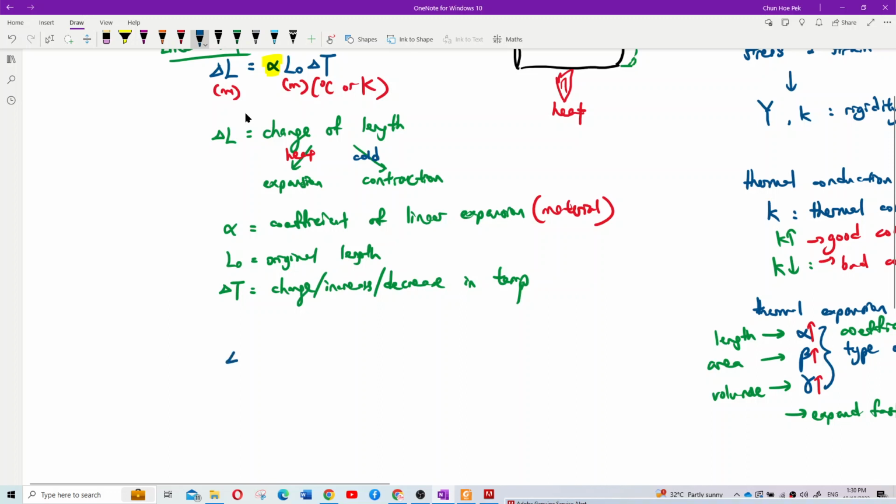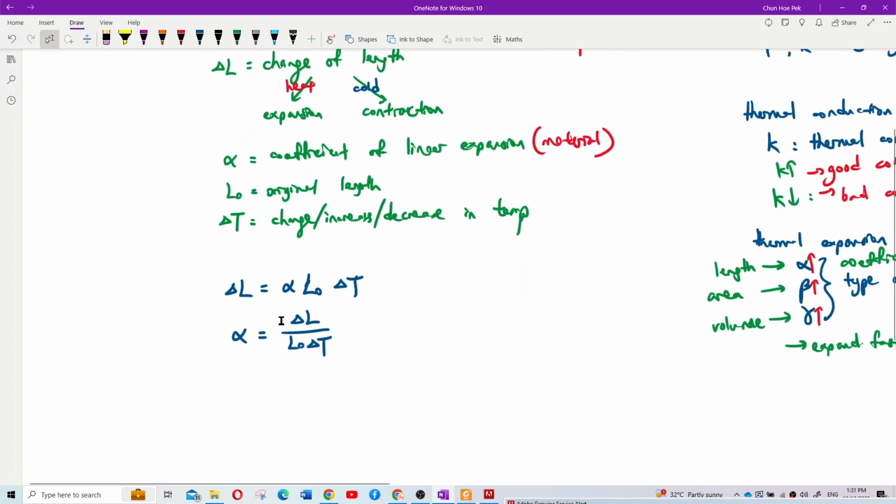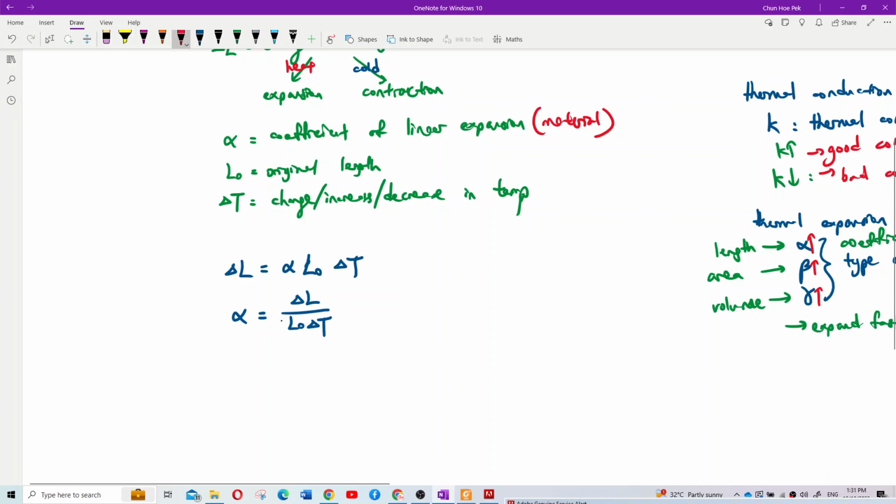So delta L equals alpha L naught delta T. So alpha is actually delta L over L naught delta T. Correct or not, class? Yeah, go to the other side. So we have this one in meter, the L naught also meter.